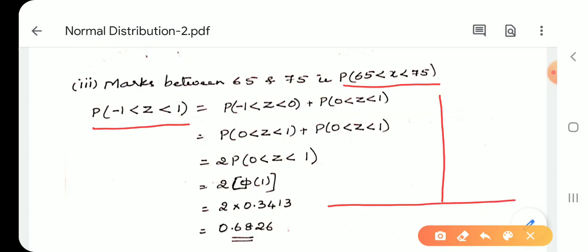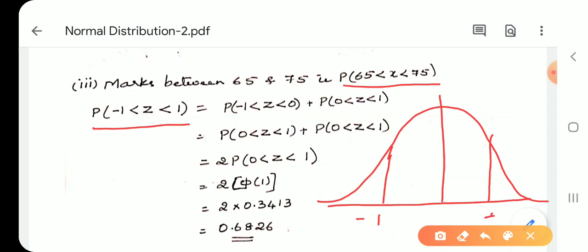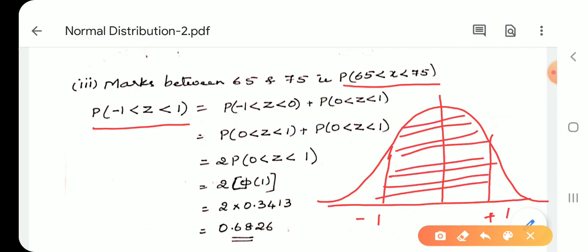If I draw a bell curve for this, minus 1 lies here and plus 1 lies here. So we have to find this shaded portion to get the required result.